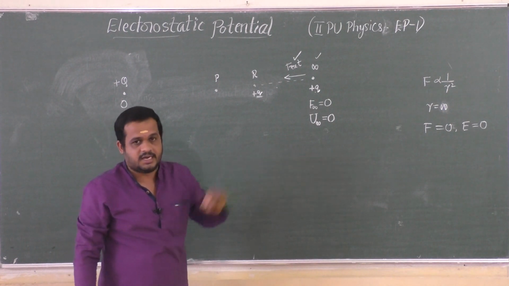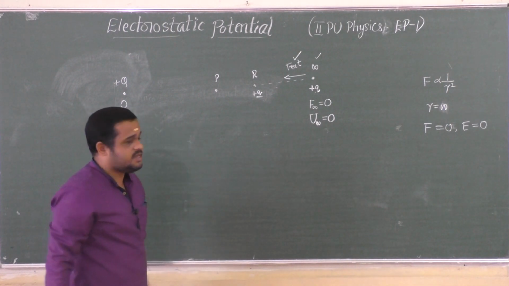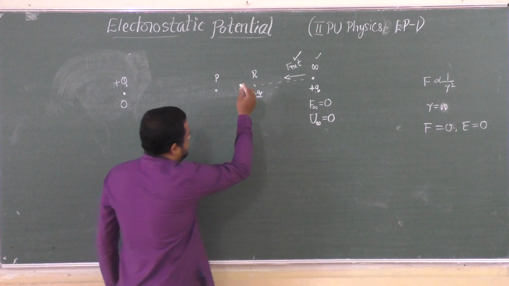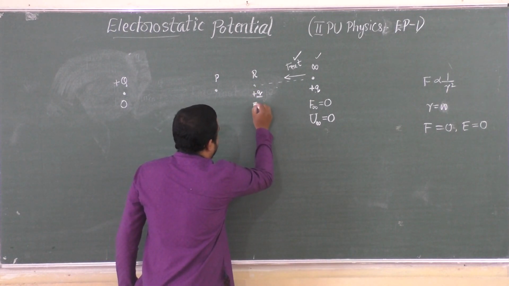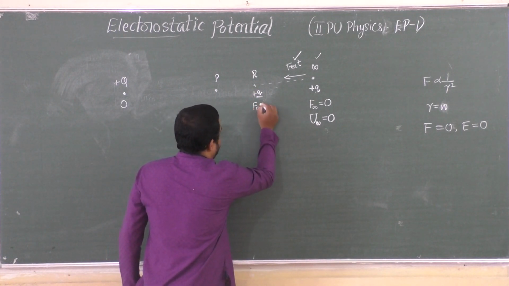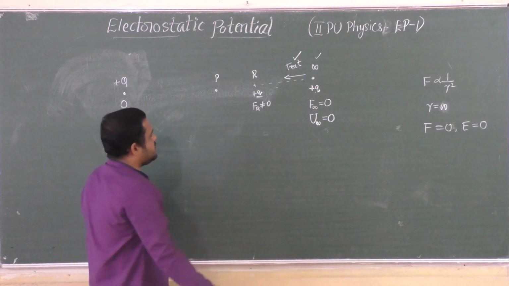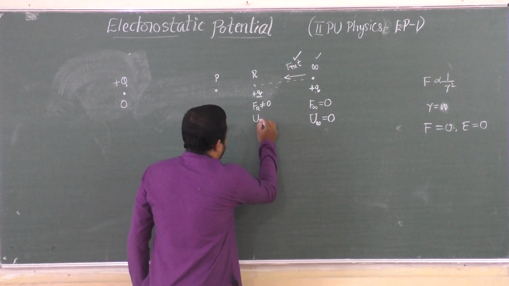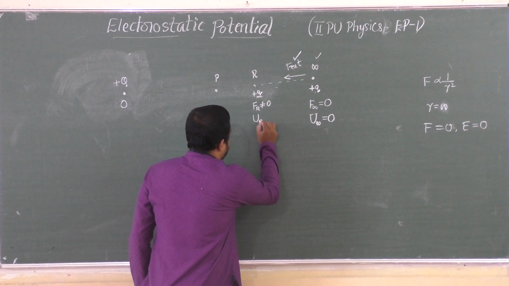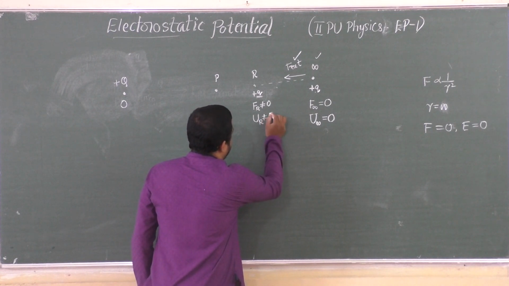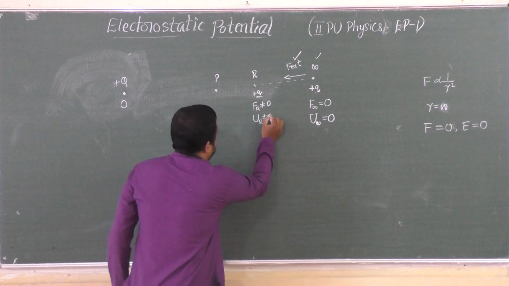Here at point R, electrostatic force is non-zero. If electrostatic force is non-zero, there will be potential energy. Now potential energy at R is also not equal to 0, it is non-zero.